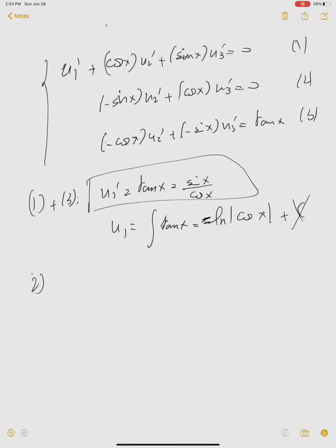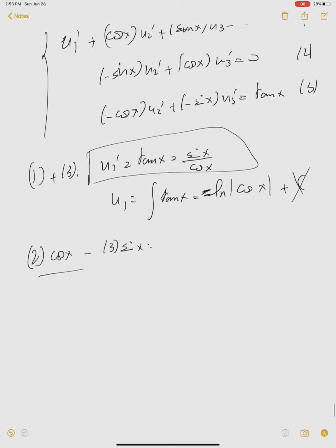Now multiply 2 by cosine x and multiply 3 by sine x and subtract. What do you get? You get minus sine x cosine x u2 prime plus cosine square x u3 prime equals 0.